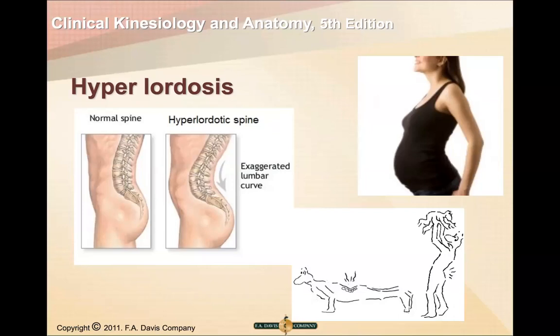So if you have a weak core, your lumbar spine is going to be at risk for developing increased lordosis, and that will cause increased pain. You may have disc herniations, nerve impingement, things like that.